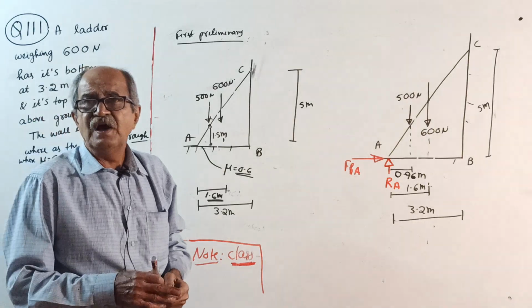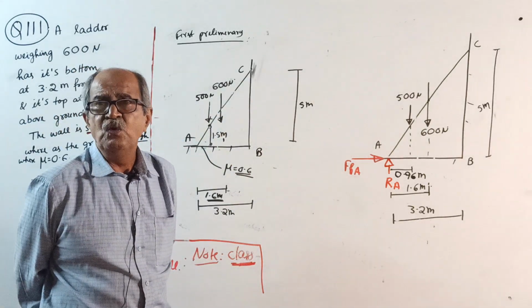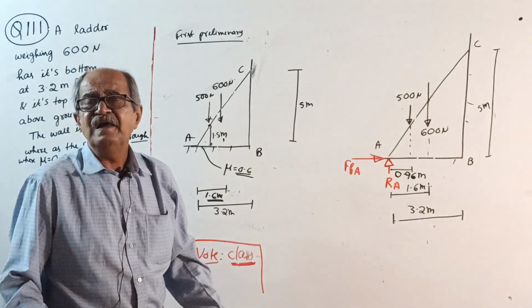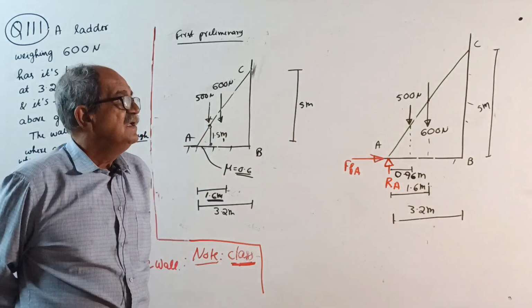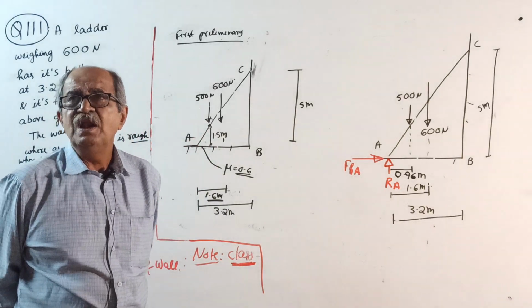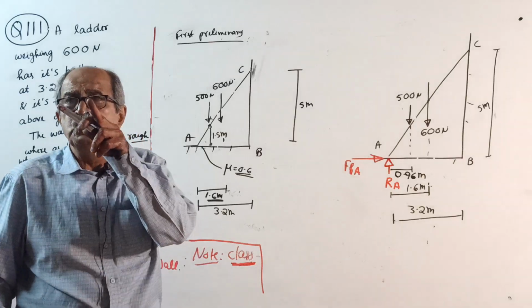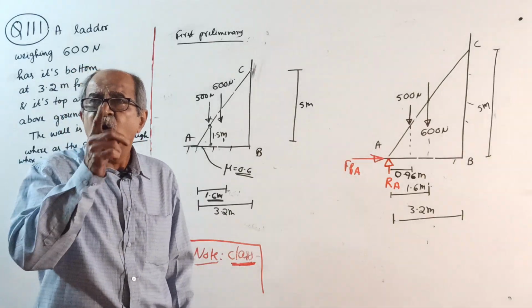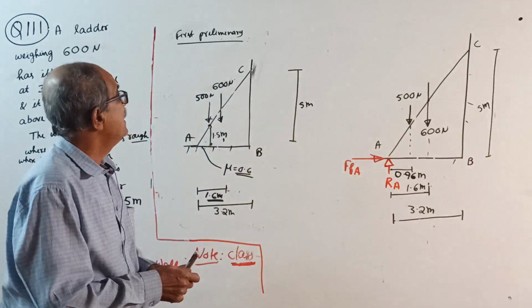Forces acting on the ground and wall from the ladder are equal in magnitude but opposite in direction to the reactions on the ladder from the wall and ground respectively.